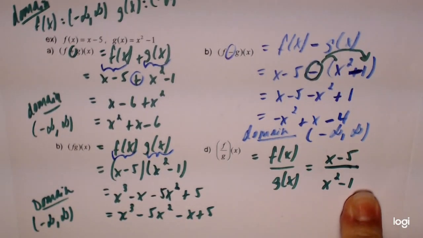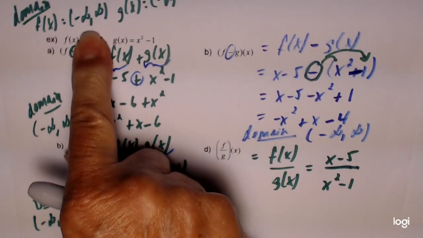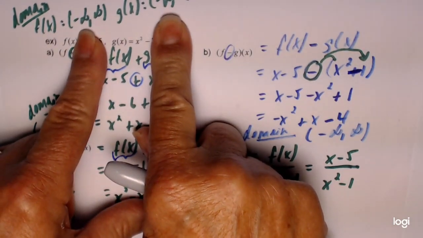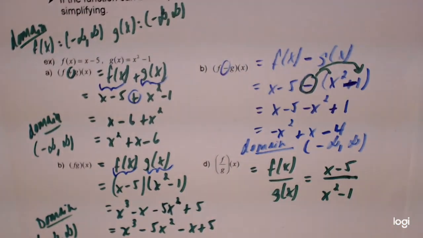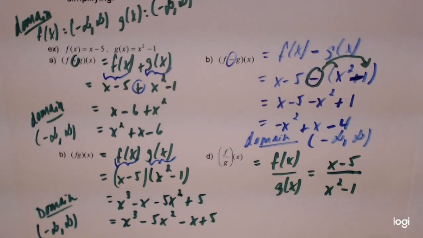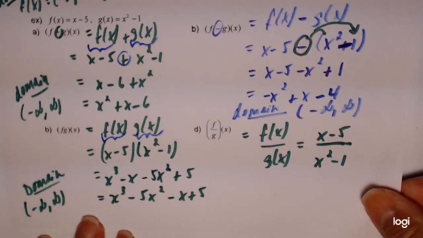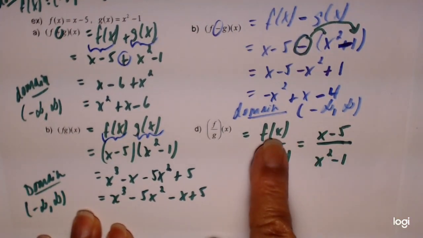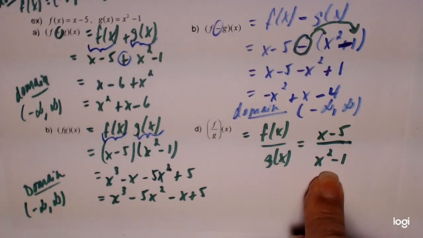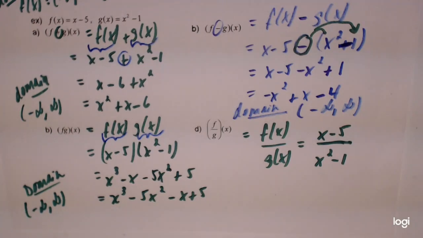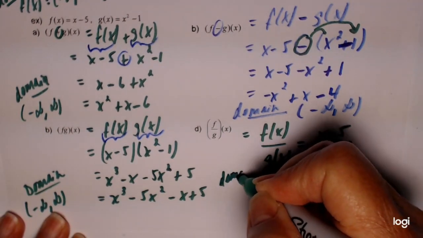Determining the domain for this one is a little bit different. f and g were negative infinity to positive infinity. We did not have to exclude anything, so there's nothing to exclude from those functions independently. However, now in the process of doing our division, we have created a fraction, and we have a denominator that we have to consider now for purposes of the domain.